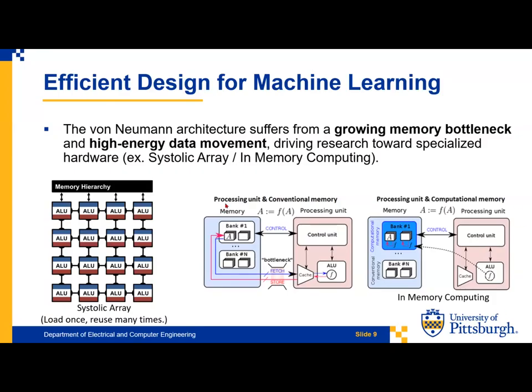In the middle is the conventional approach. The pink area is the processing unit and the blue area is the memory. If we need to do computing, you need to load the data from the memory to your processor, right? And when you finish your operation, you write back the results to the memory.